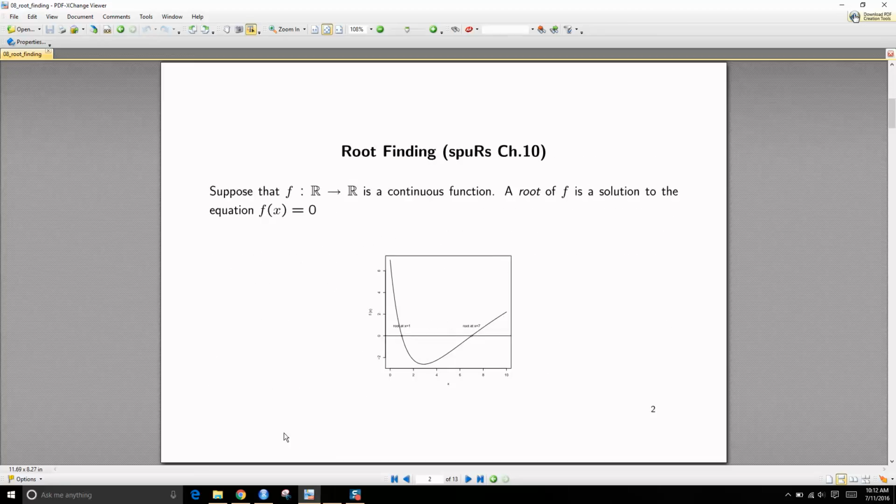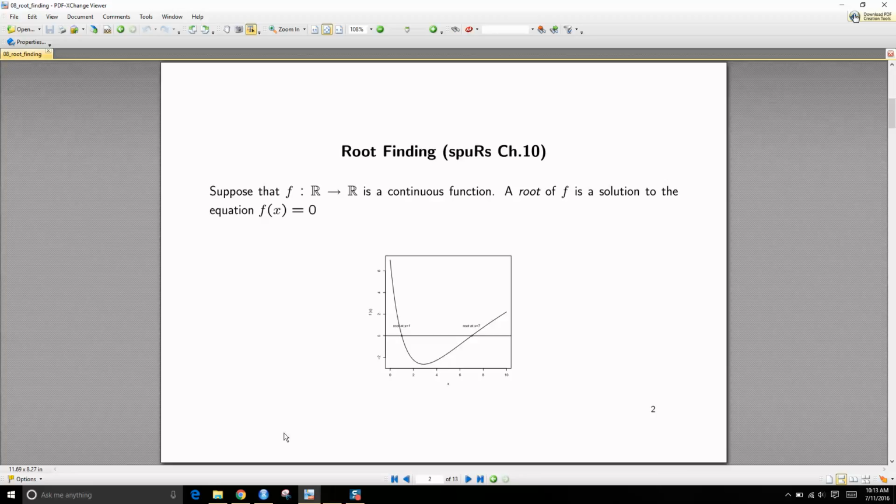A lot of problems can be reduced to finding roots of a function. So we can use root finding as a way of minimizing a problem and things like that. So later on we'll talk about optimization.